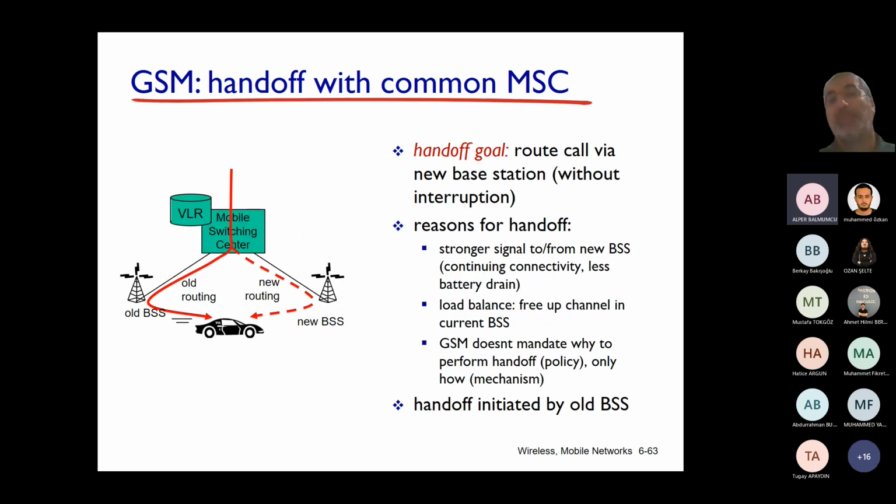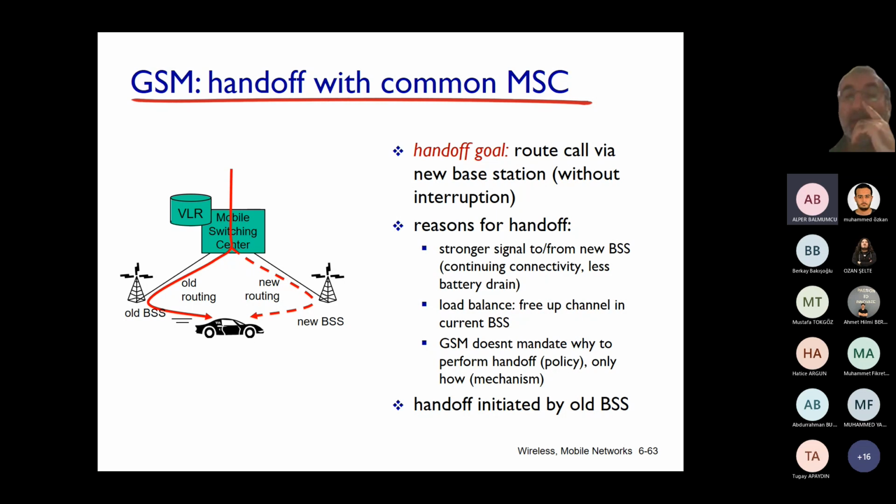So another important problem is handoff or handover. The main objective in handoff is to route the call via a new base station without interruption. So assume that you are in a car and you are talking to your parents, but you're moving very fast.